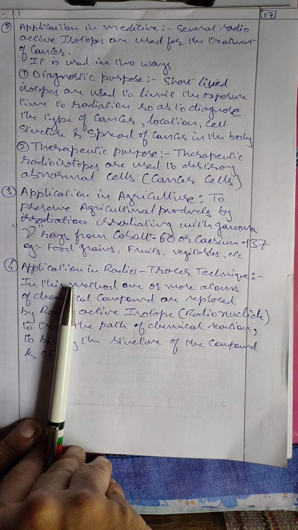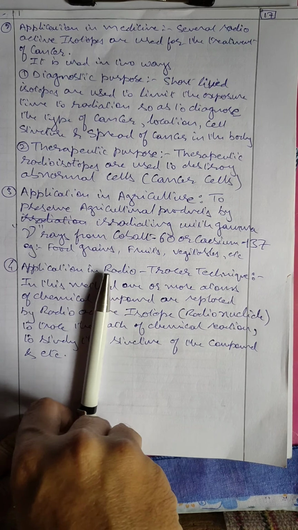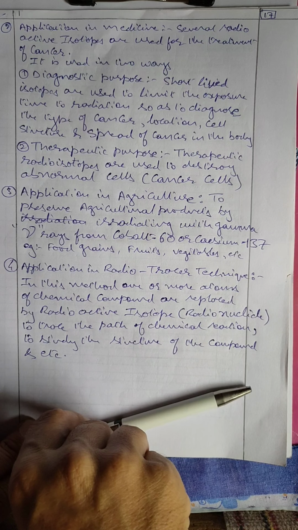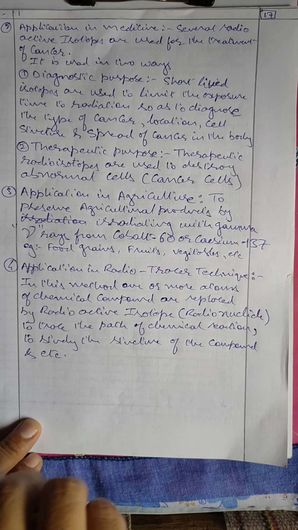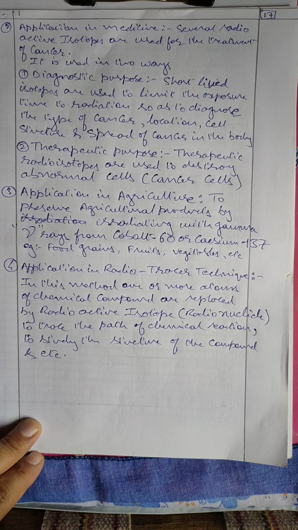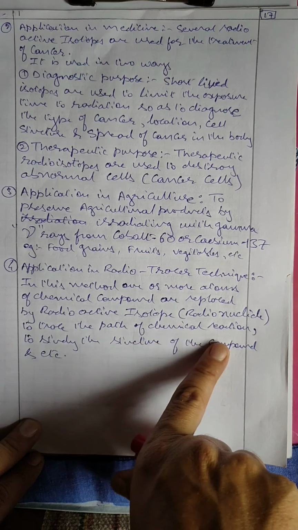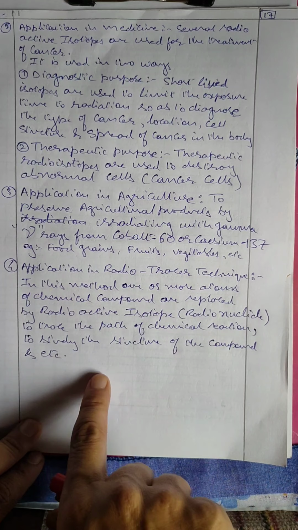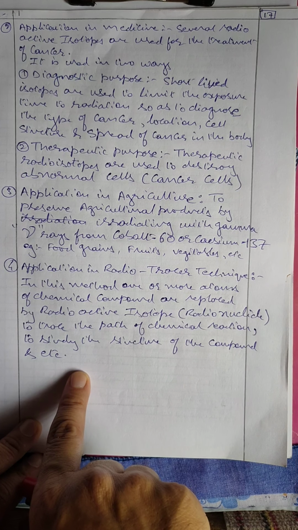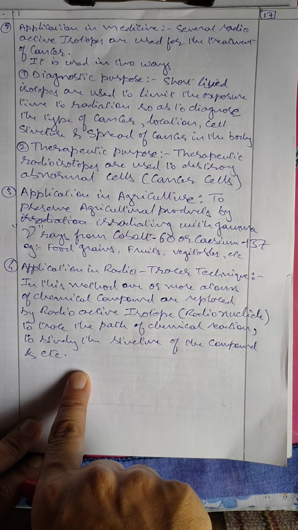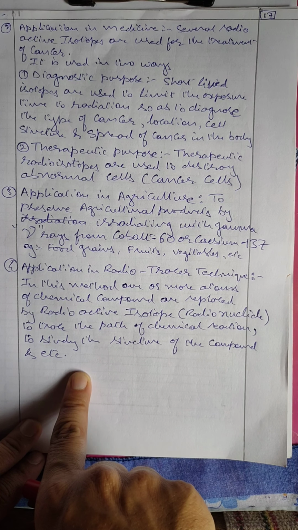Then the next application is in radio tracer technique. Radio tracer technique is that technique in which we use a radioactive element or radioactive isotope in a chemical reaction so as to trace the path of the chemical reaction, even to study the structure of the compound. We have already taken the example of the structure of glucose or fructose.